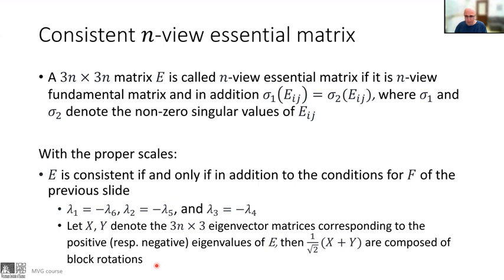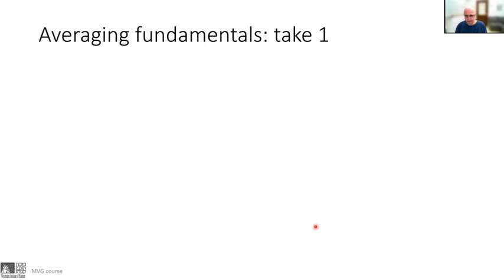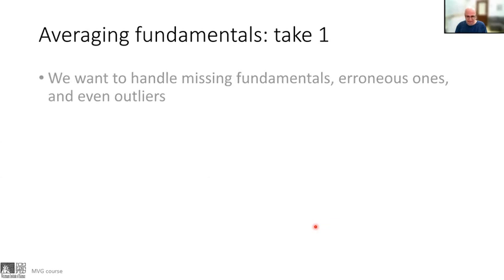So this is a more complicated condition. But these are if and only if conditions, so these are sufficient and necessary constraints, and we can use them in optimization. So how can we use these conditions to average fundamental matrices?